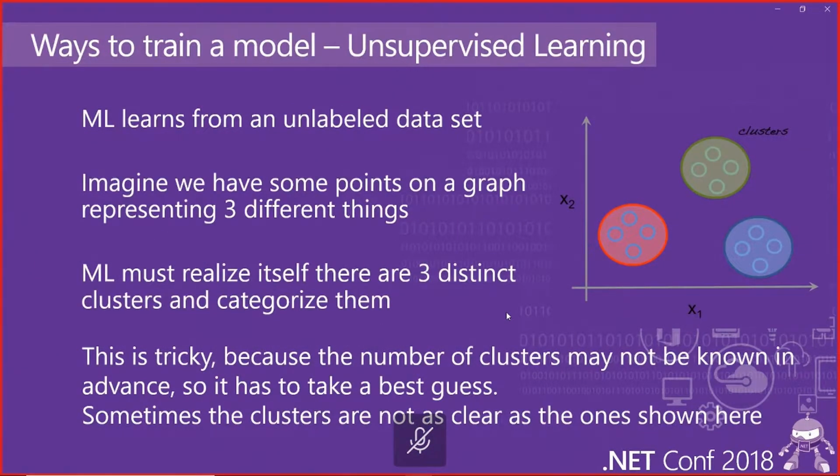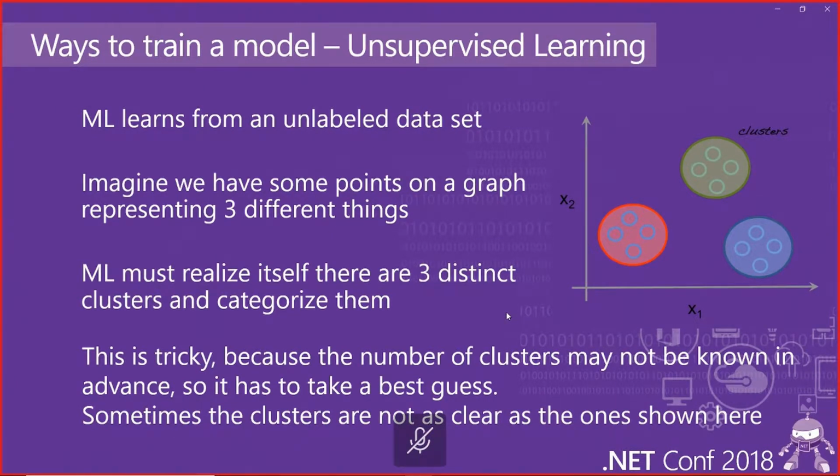So we were saying labeled data, and then we have unsupervised learning. Unsupervised learning is when we are developing artificial intelligence and the machine learning learns from an unlabeled data set.